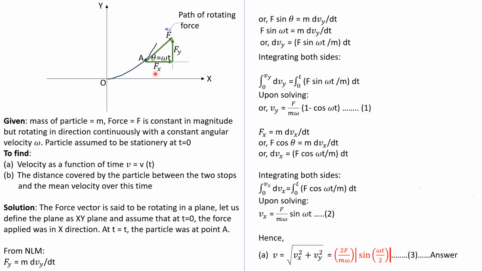For studying the motion of the particle, we can consider that at t = t, the particle was at position A. Since the force vector F is continuously rotating with an angular velocity omega, the force will all the time be in the tangential direction to the path of traverse of the particle.